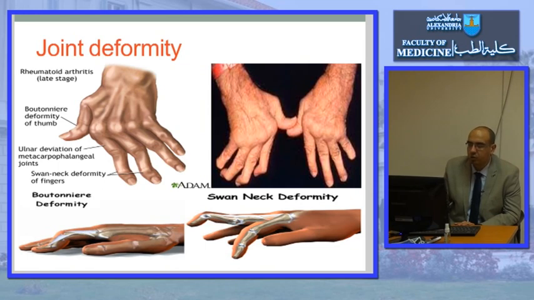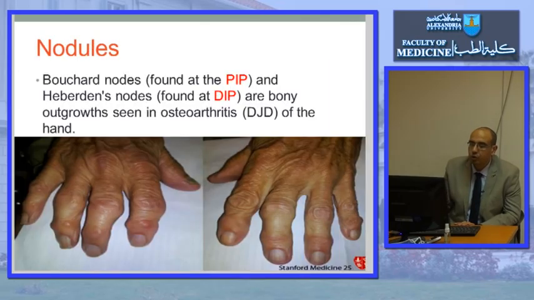We have a lot of deformities like that in case of swan neck deformity, boutonniere sign. Also, we should comment if there are nodules or not.